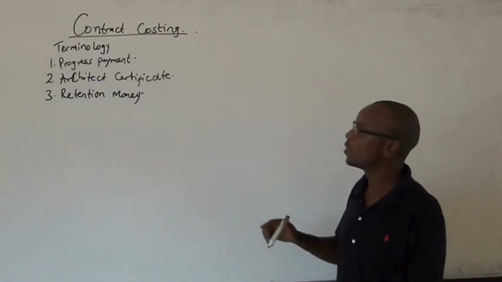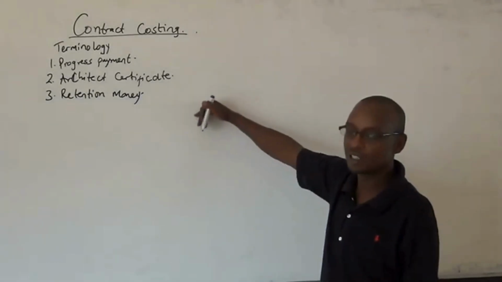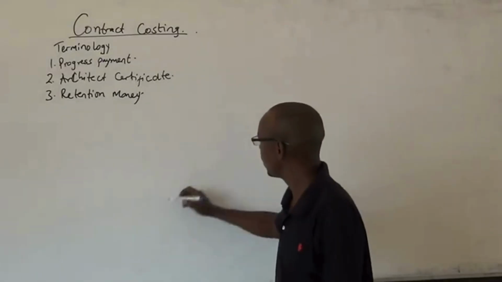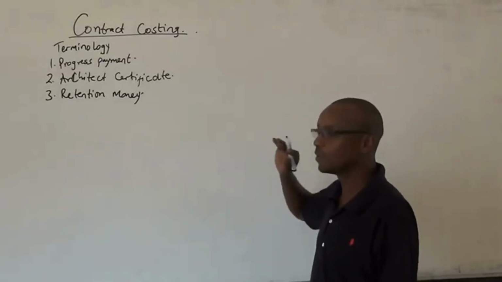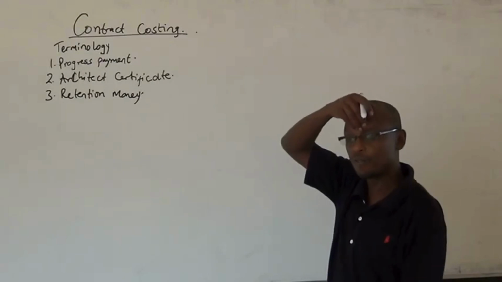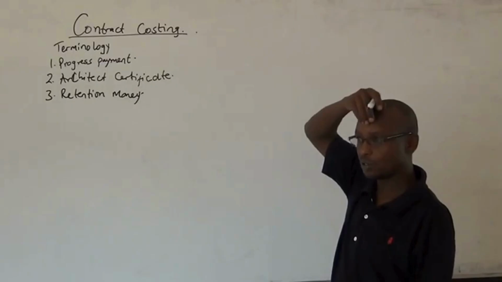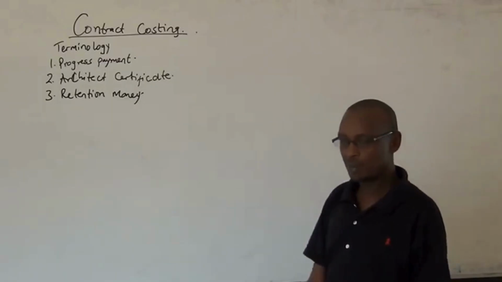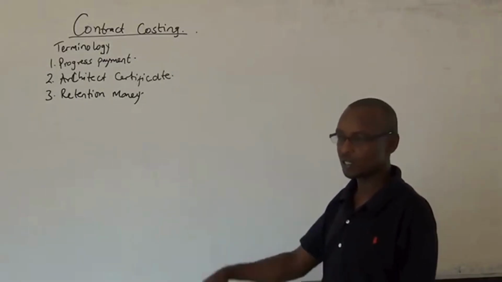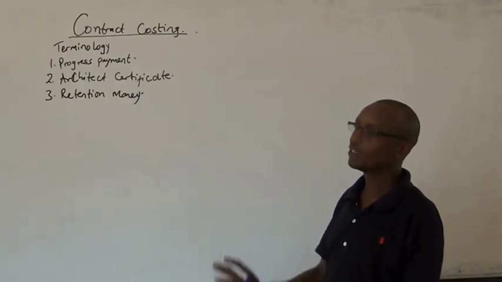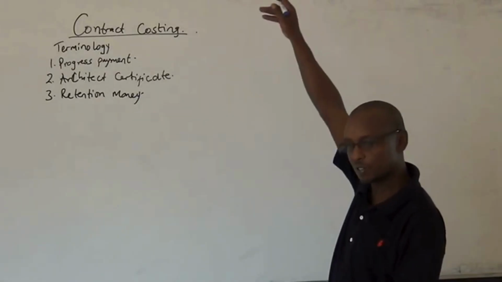What we mean is, when the architect has given his certificate, he has certified this work up to a certain value. Let's look at an example of a storey building. So a storey building starts maybe from the basement. Let's say it has 2 floors in the basement. Okay? Then it goes up another 10 floors.